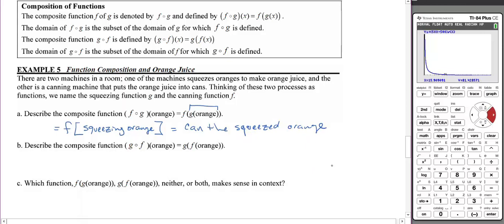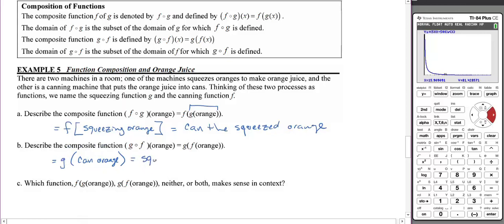So after we've squeezed the orange, we can the squeezed orange, or we've canned juice. Describe the composite function g composed of f of orange, which is g of f of orange. So here, again, we work on the inside. F of orange would be canning an orange. So we're going to can oranges. And then after that, we move to the outside function, which is squeezing it.